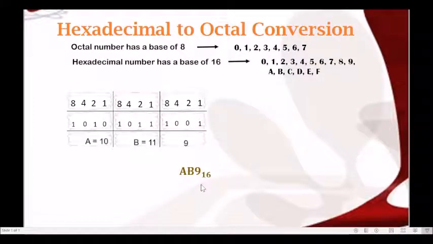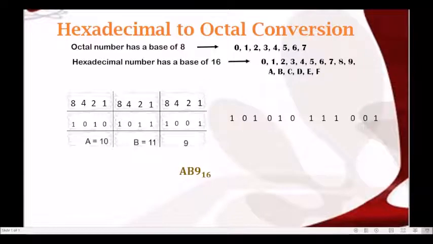So 101010111001. Okay, so we already have our binary number. What we do next is we convert this binary number into its equivalent octal number. Okay, so we have here our binary number.